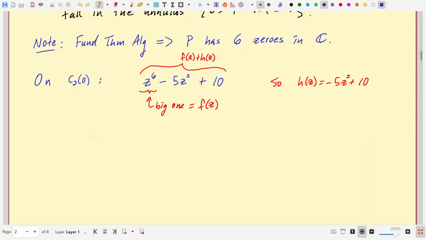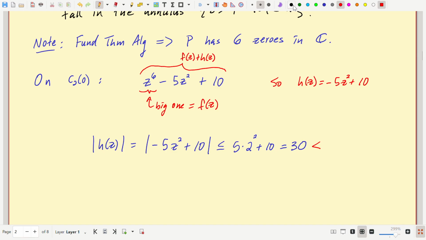Let's see, h of z in modulus is the modulus of minus 5z squared plus 10. That would be less than or equal to 5 times 2 squared plus 10. That's 30. And 30 is strictly less than 32.